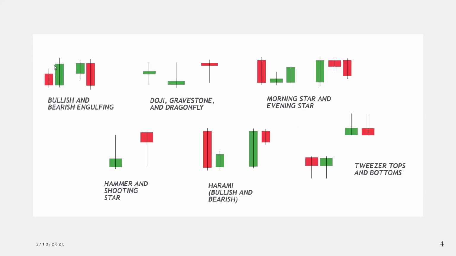So this is a bullish engulfing candlestick signaling a buy in the market. You see a small red candle on your chart, a small bearish candle, and then a bullish candle that engulfs it entirely, signaling a buy.